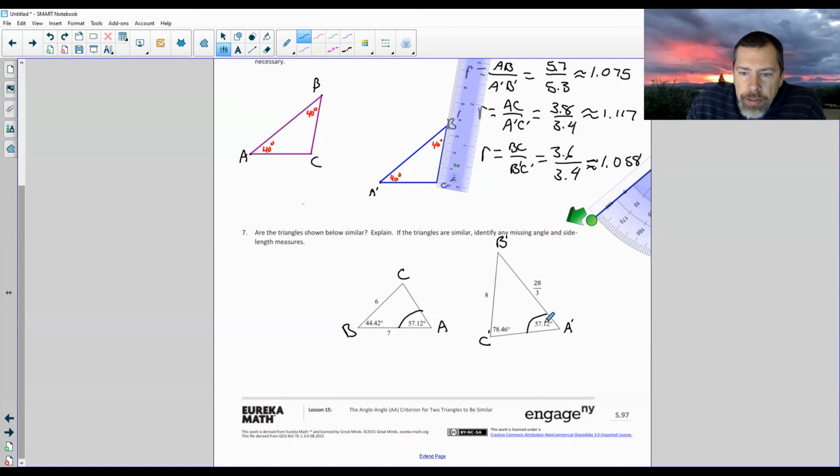All right, so angle A is congruent to angle A prime. The next thing I need to do is my triangle sum theorem. So let's do triangle ABC.